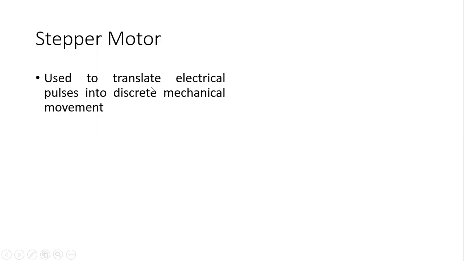The electrical pulses that we give from the microcontroller enable a discrete mechanical movement. It is a motor used to translate electrical pulses into discrete mechanical movement. Discrete means it's not continuous. Step by step it will make a movement.